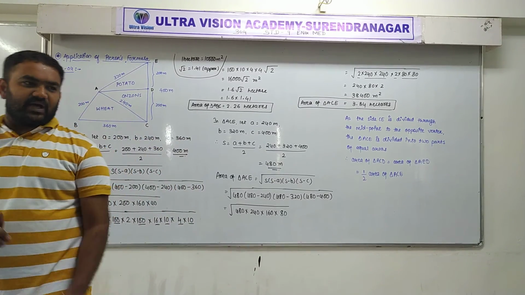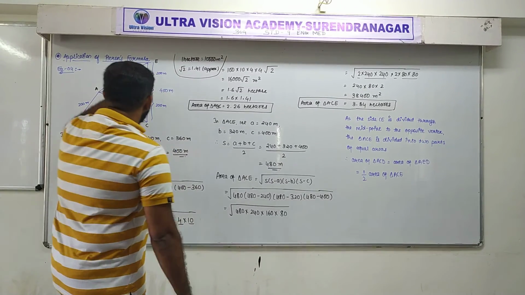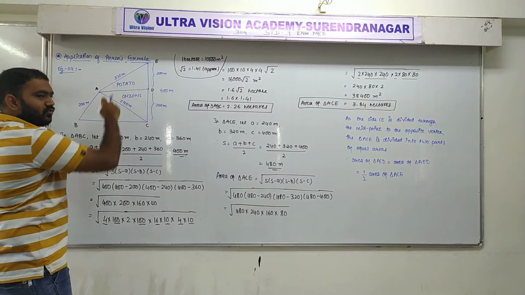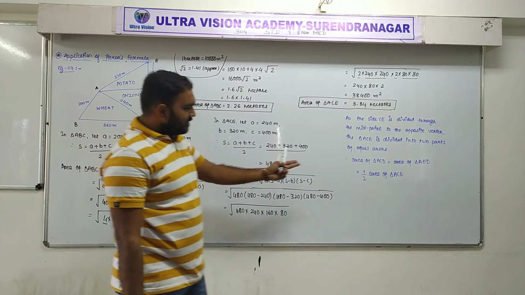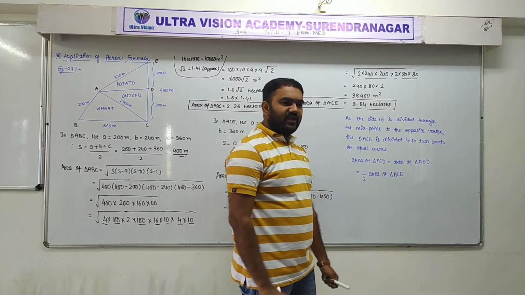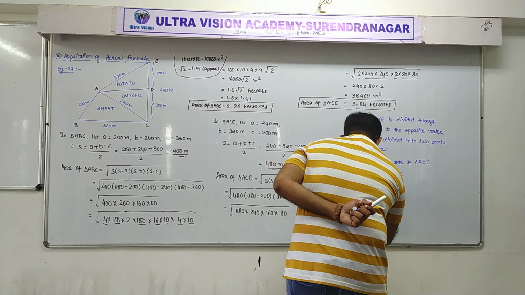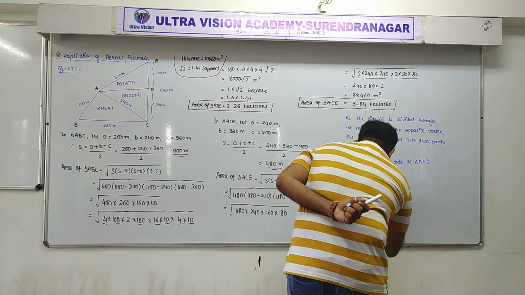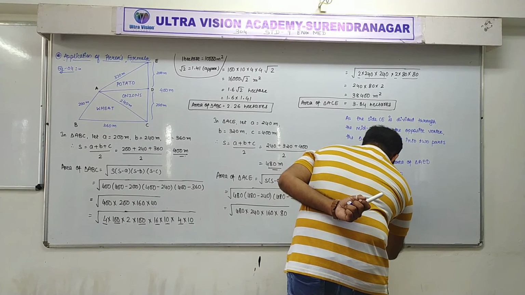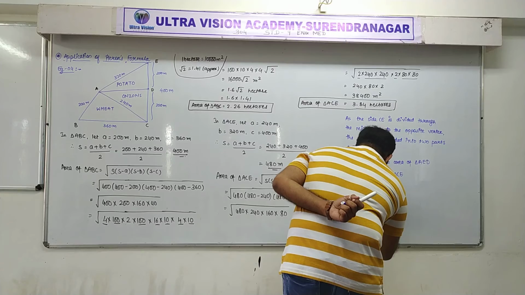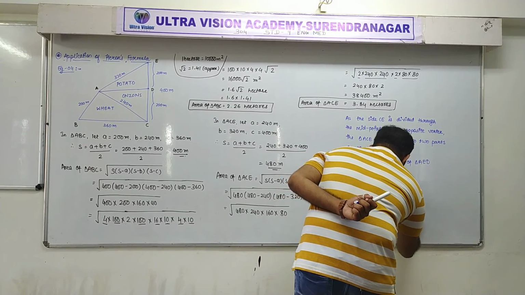If they are equal, each will be exactly half. That means area of ACD equals area of AED equals half the area of triangle ACE. That is 1/2 into 3.84, which is 1.92 hectares.